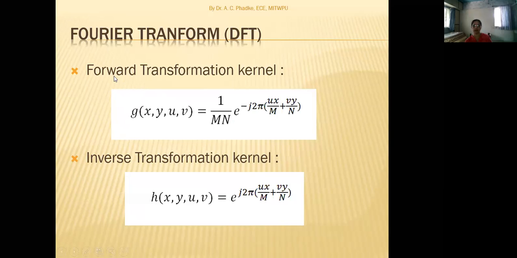So this forward transformation kernel g(x, y, u, v) for the two-dimensional discrete Fourier transform is as shown here: 1 upon m into n, e raised to minus j 2 pi (ux by m plus vy by n), where m and n represent image size or matrix size.